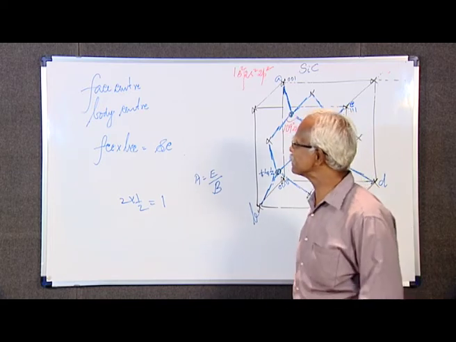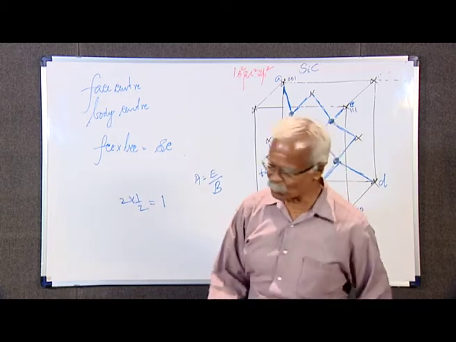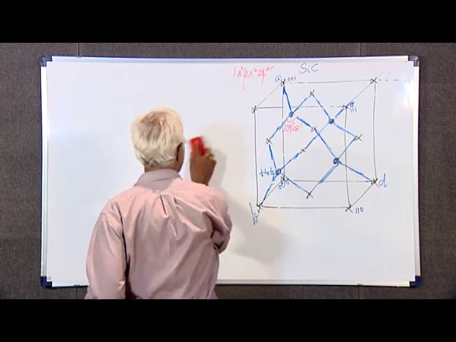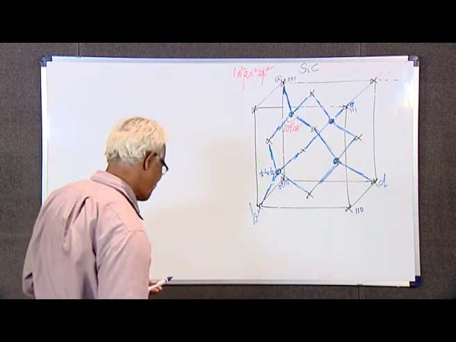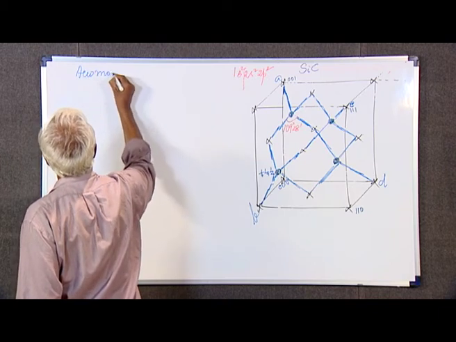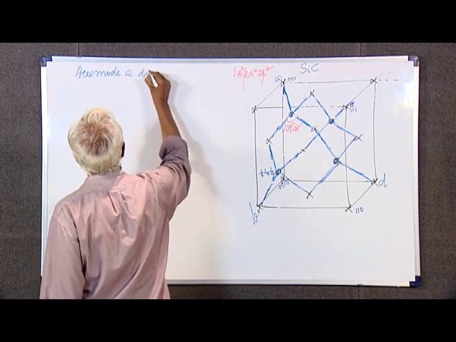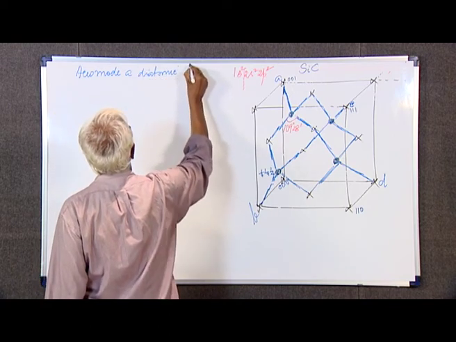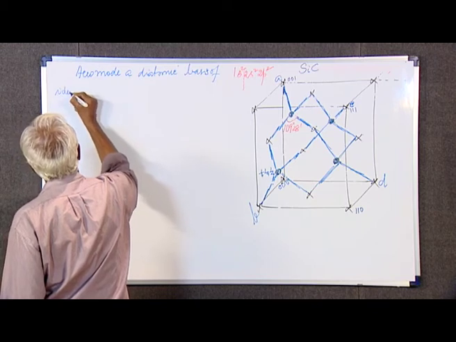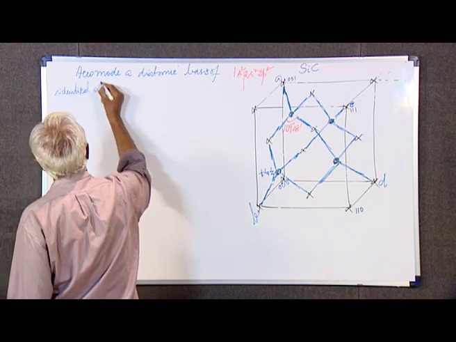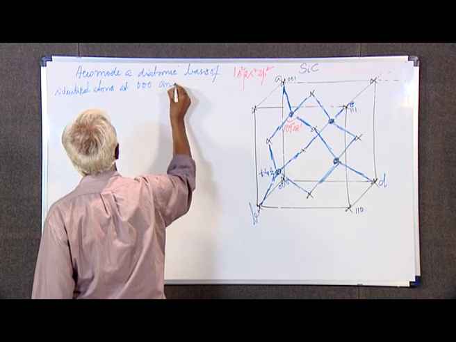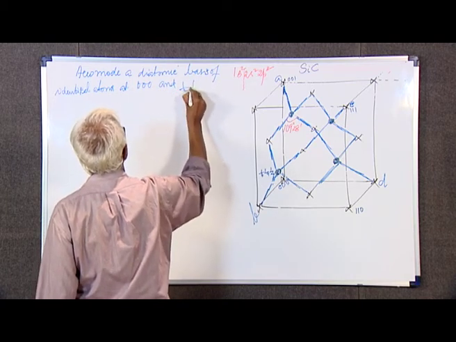I will just give you 2 homework problems which will easily convince you of this. The first: accommodate a diatomic basis of identical atoms at 0, 0, 0 and half, half, half.